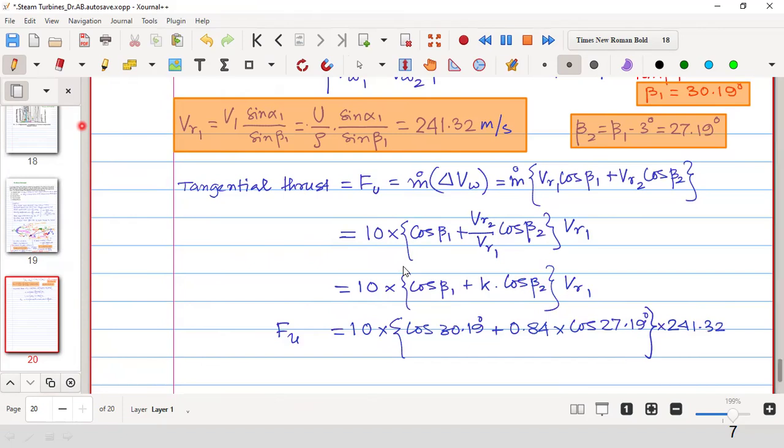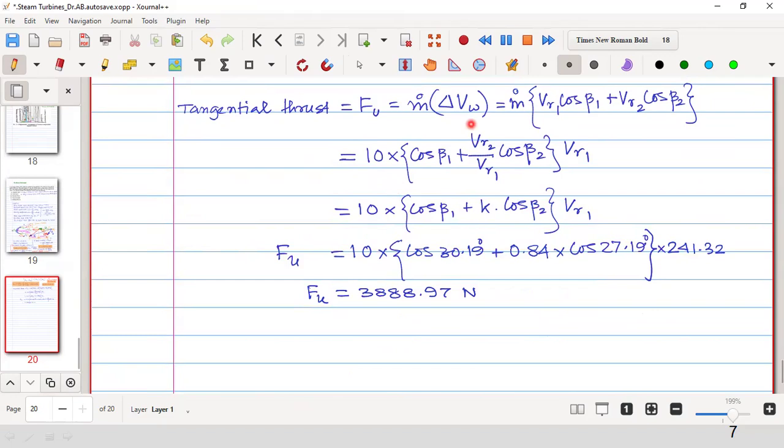What is the unit? The unit should be newtons. So it is coming to be 3,888.97 newtons. You please calculate yourself and verify the numerical values. So tangential thrust Fu is equal to this much newtons.